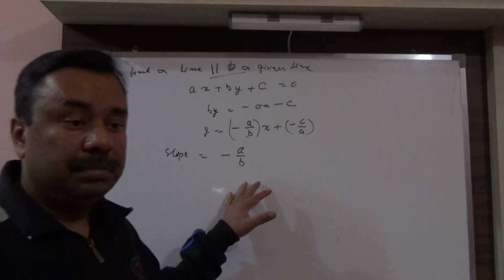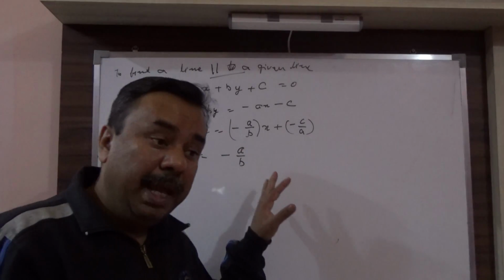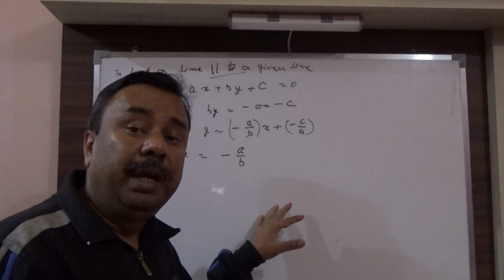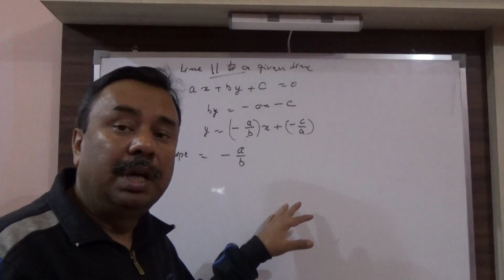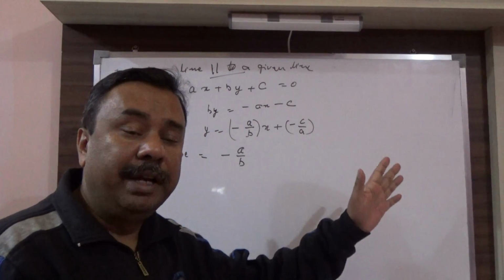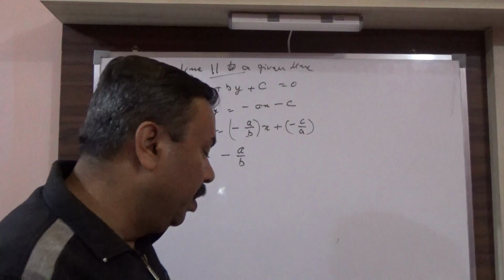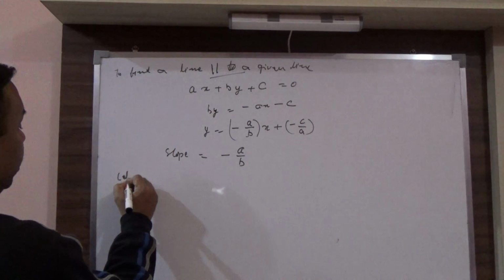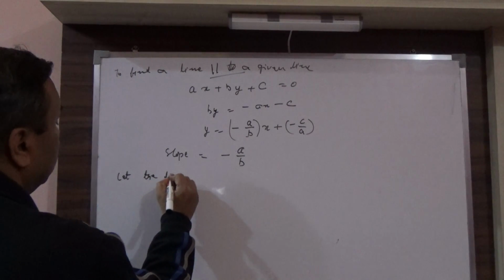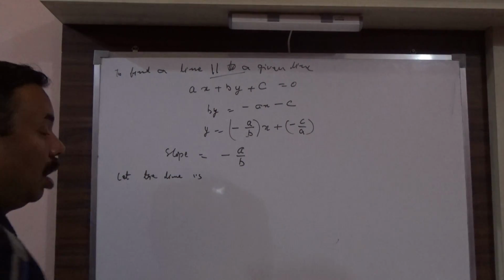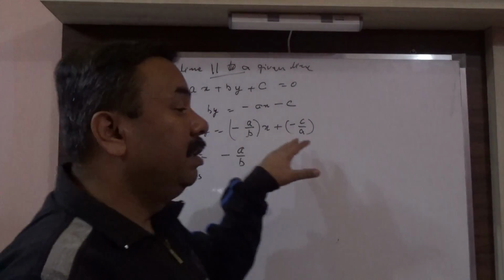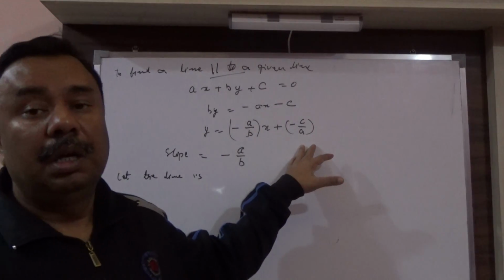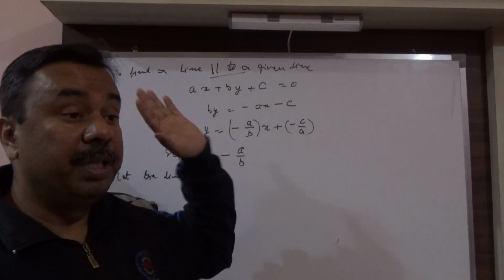As I said, the same slope will be for the new line also. So let the new line be, obviously, y equal to mx plus c, that is slope intercept form.